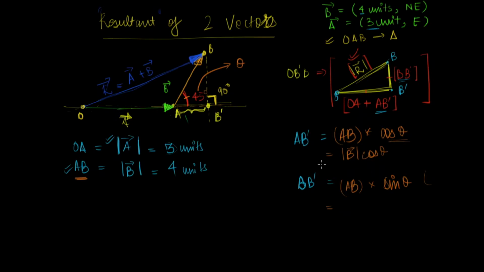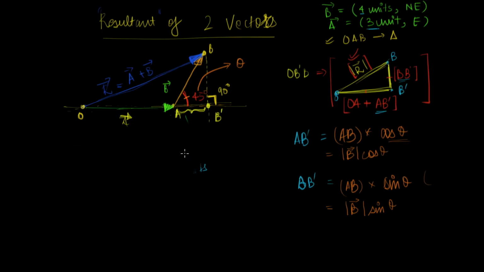So if you remember your trigonometric identities, this would follow. So AB prime again is the magnitude of the vector B, which would be 4. I'm not substituting 4 here because I'm working for a more general case, but we can just work with B modulus, and sine theta remains sine theta because it's a general angle theta, right?